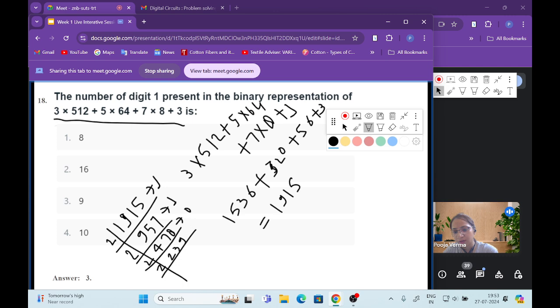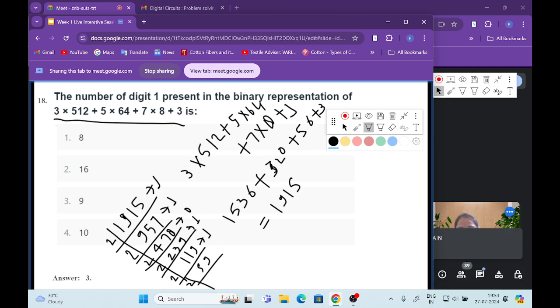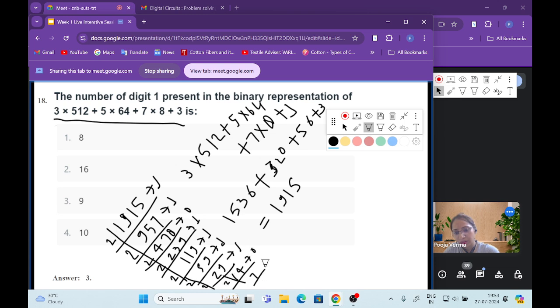Again you divide, here 1 will be left. 119. Again if you divide it, you will get 59, and 1 will be left. Again by 2, you will get 29, 1 left. Then 14, you will be left with 1. Again divide by 2, 7. Nothing will be left. Then 0, 2, 1.